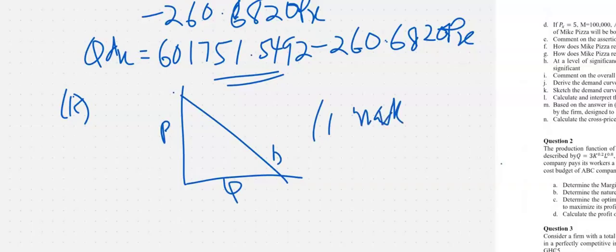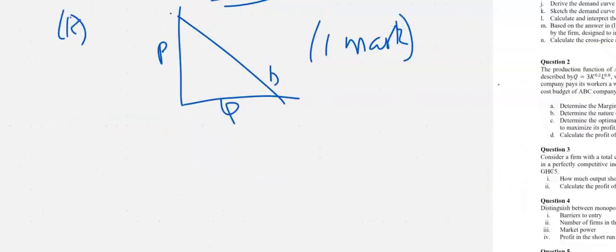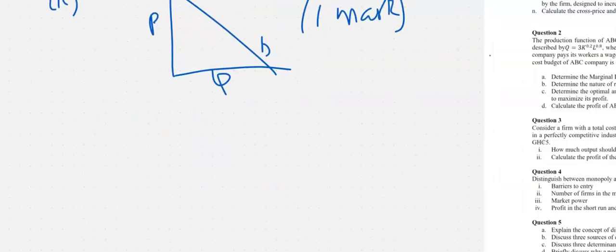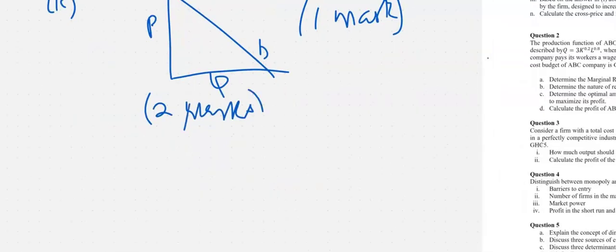But if the question says about 3 marks or 2 marks, then it means you have to do a little computation somewhere before you draw the graph. So let's assume the question says it's a 2 mark question. So 2 marks, let me bring down the demand function again.